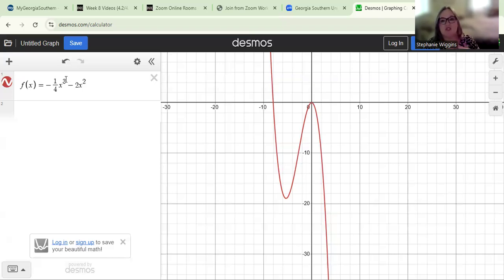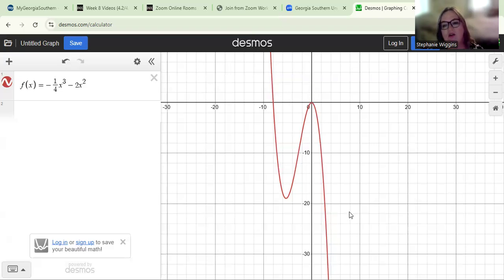So if it's a negative, it's going to be positive. If it's a positive, it's a positive. When you put any number into an x that has an even power on it, it's going to be positive. And then if you multiply it by a negative, it's going to change to negative.